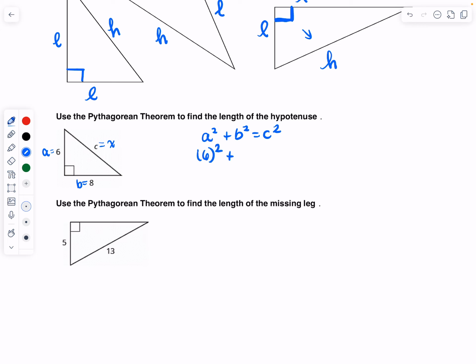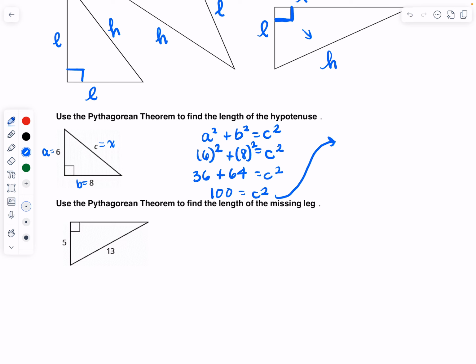And I'm going to let b equal 8, so I'm going to plug 8 in for b. And c is what we're trying to find, so I'm going to leave that alone. So 6 squared is 36 plus 8 squared, which is 64, and that's equal to c squared. So this equals 100, 36 plus 64.